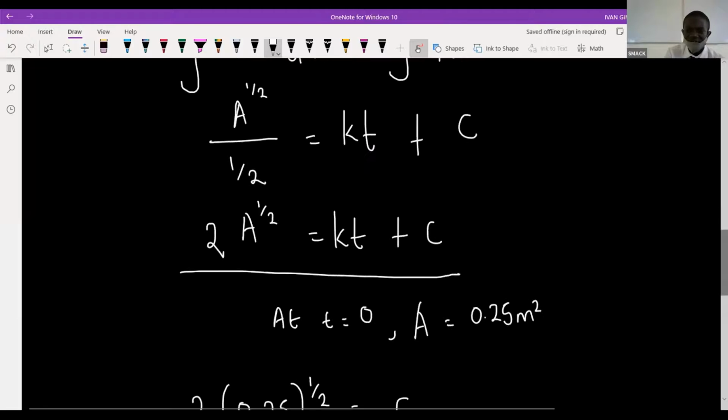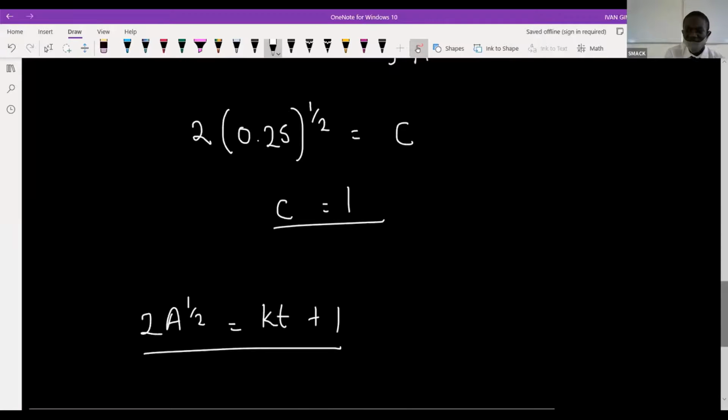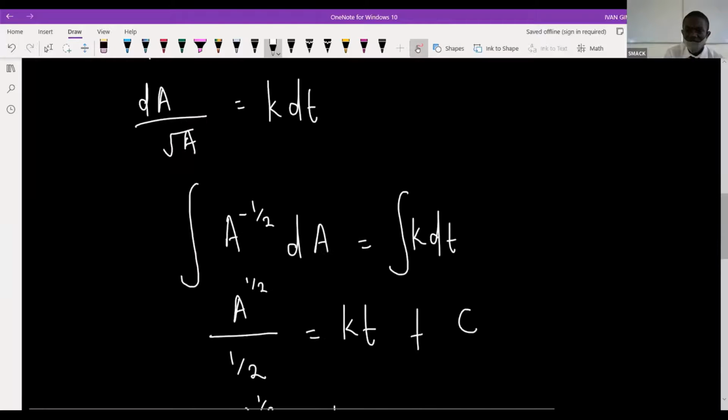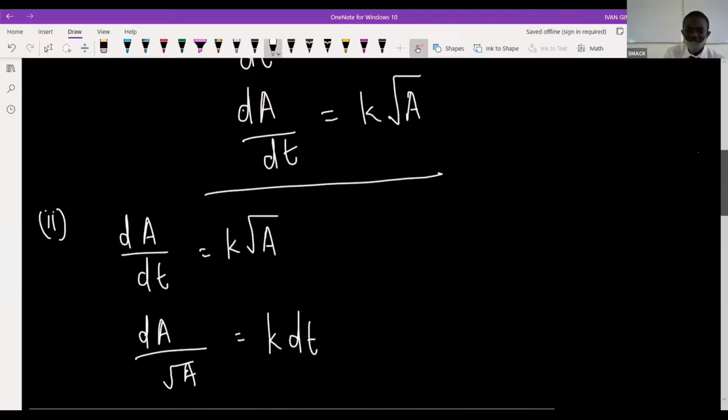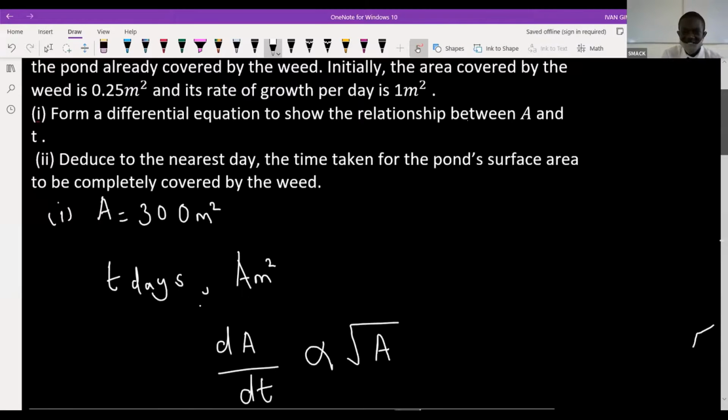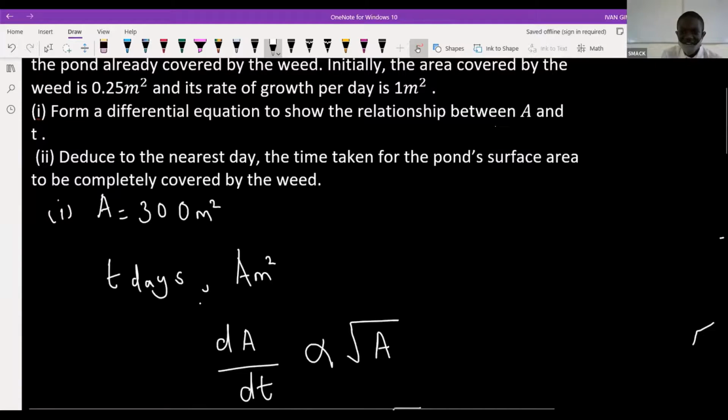Going back to the question, they have told us that initially the area covered by the weed is 0.25 meters squared, and its rate of growth per day is 1 meter squared.